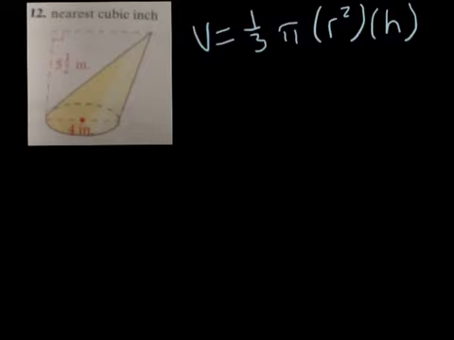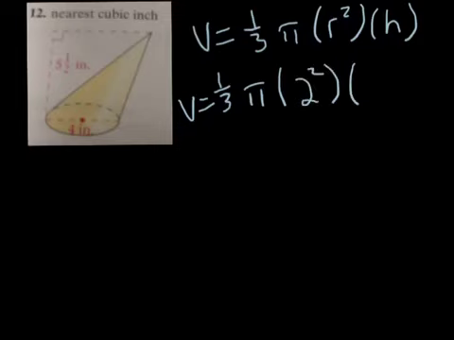And so from here, all we need to do is plug in the numbers. Volume is equal to 1/3 times pi. The radius in this would be 2, because it tells us that the diameter is 4, so half of that is 2. And so it's 2 squared and then the height is 5.5.